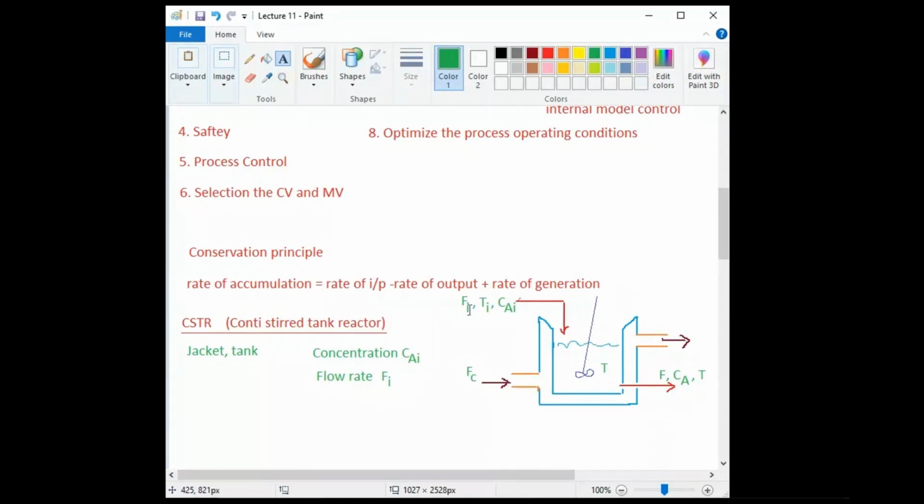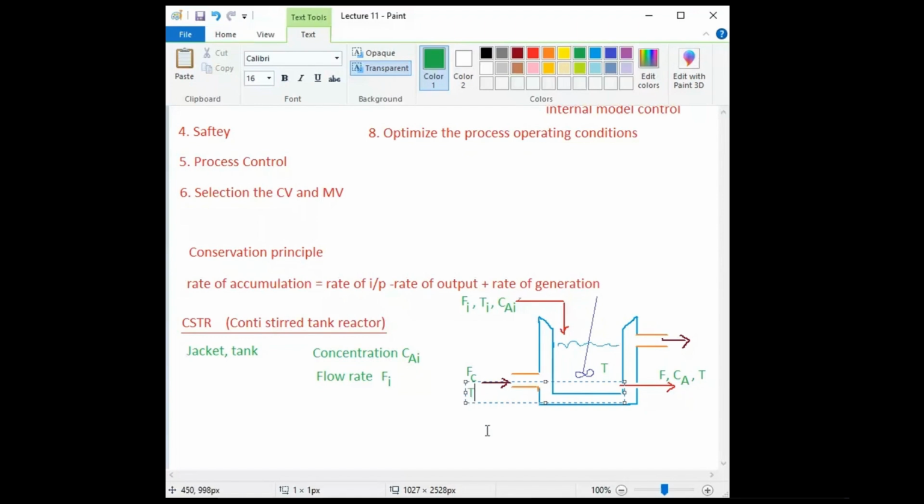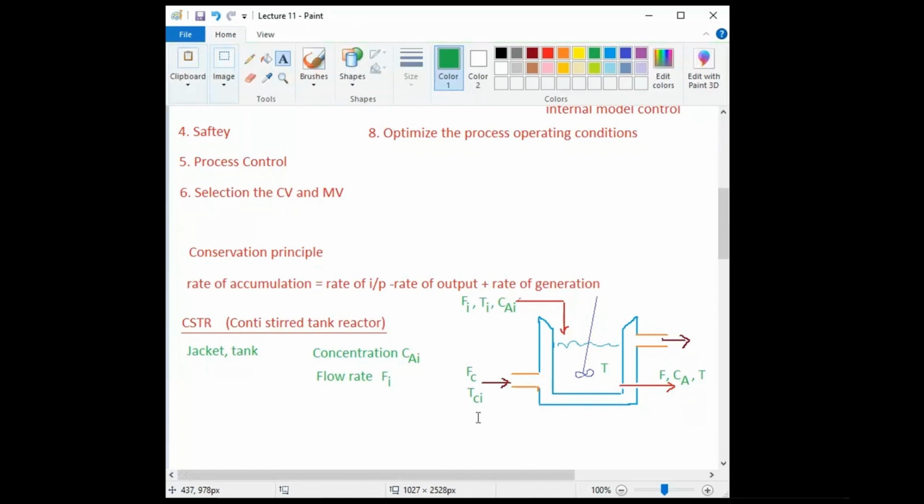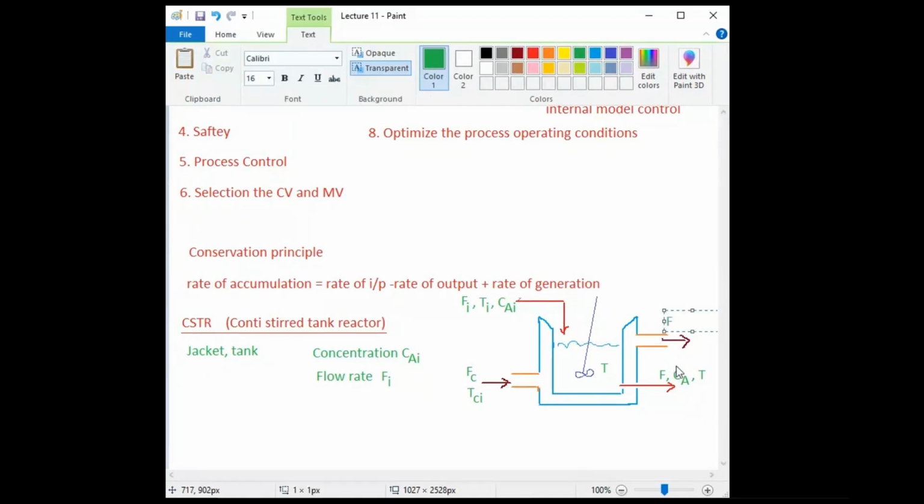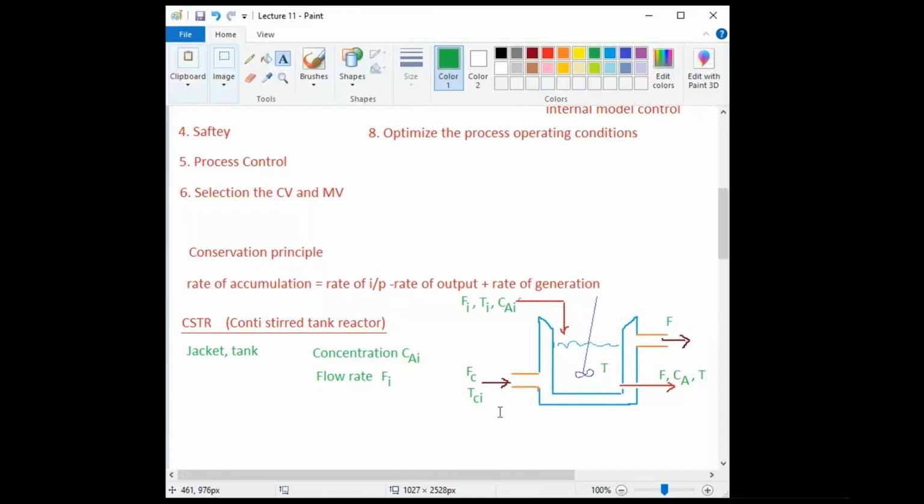I for input, and in some books you can also find F naught for output, or F is also okay at the outlet. So Fc is the flow rate of coolant, and Tci is the temperature of the coolant. Here we can write Fci, and at the outlet we have Fc.